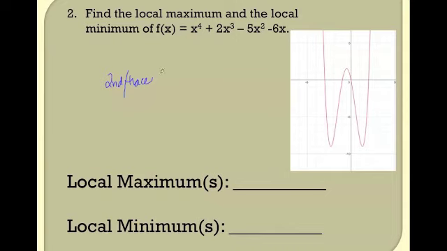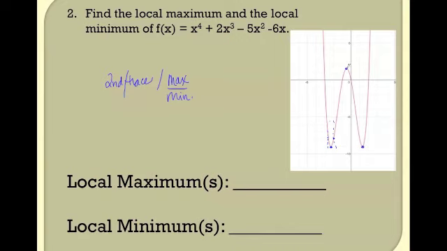Choose whichever one you're looking for, your maximum or your minimum, and then toggle around. Choose a left bound, hit enter, right bound, and then it forces your calculator to look at that little portion to give you the point.